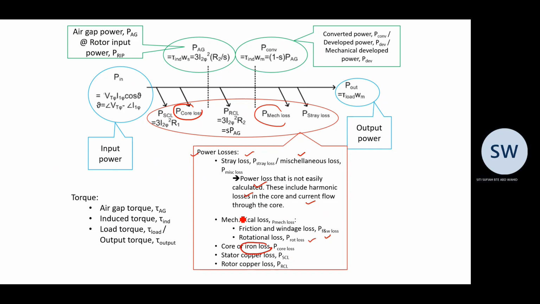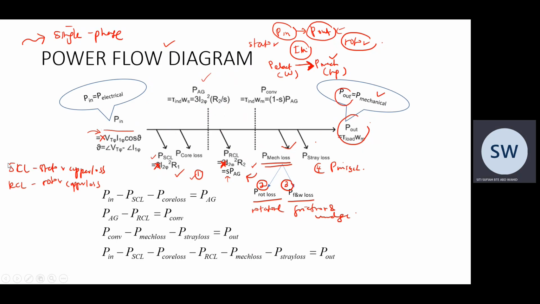Stated here PSCL, stator copper loss, PRCL, rotor copper loss. So those are the 5 losses. If you take P in and minus all the 5 losses, you will get P out.